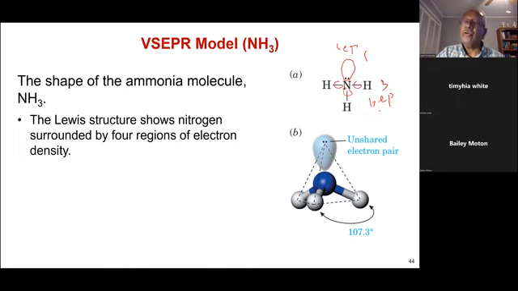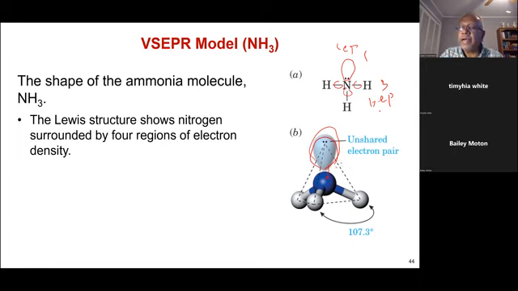This lone pair, or unshared electron pair, is concentrated towards the middle atom.